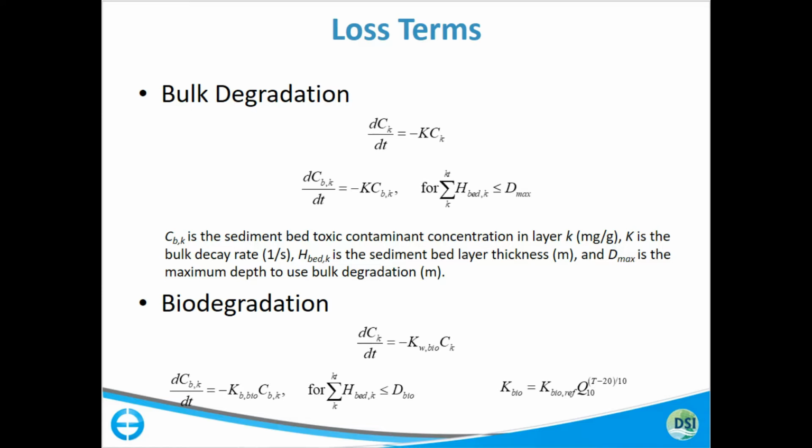The first thing that we do is we collapse the active layer into the deposited layer. And we do that because the active layer is usually so thin that from a toxics transport perspective, we don't think it really is a driver.